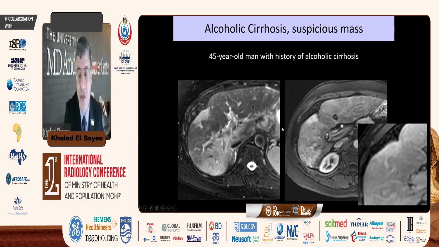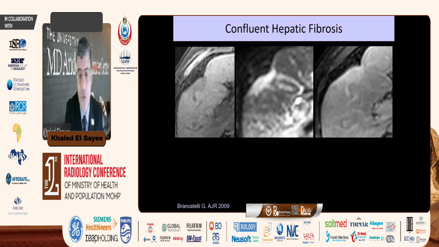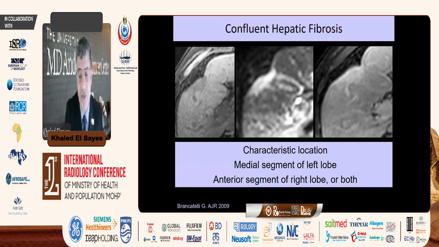Guys, if you see this, then this is definitely benign because it's not LR-M, because this is typical for confluent hepatic fibrosis. And as I said, it's characterized by fibrosis, which retracts the capsule, which leads to volume loss, which is characteristically located in the anterior segment of the right hepatic lobe or the medial segment of the left hepatic lobe, or both of them, like what we see here, and has some crowding of vessels.